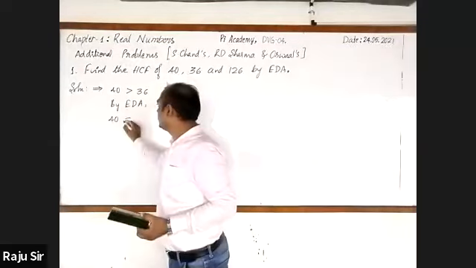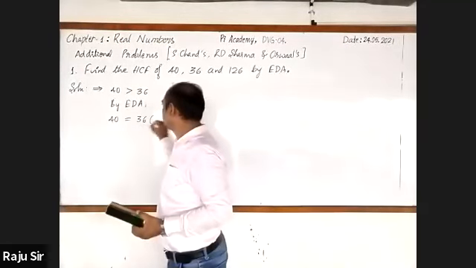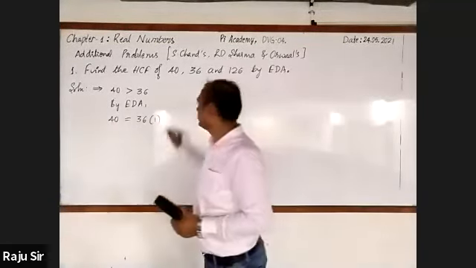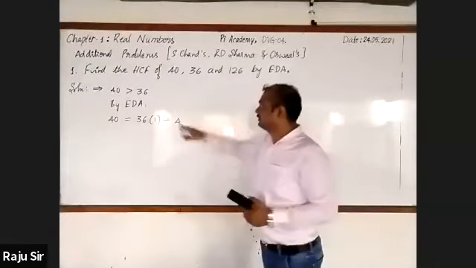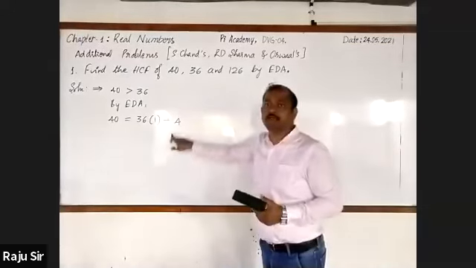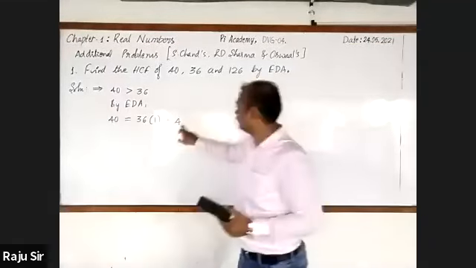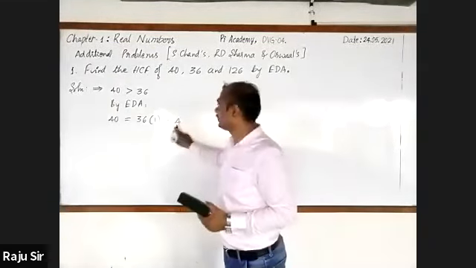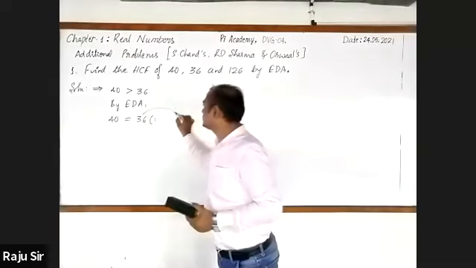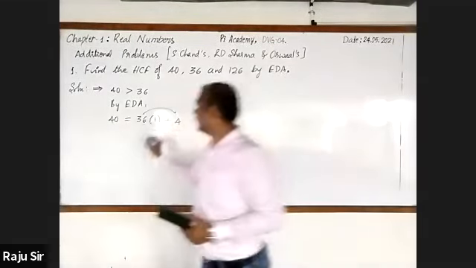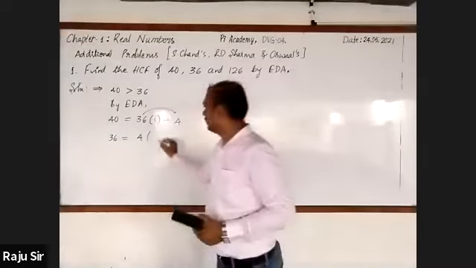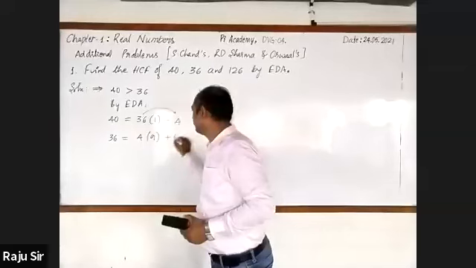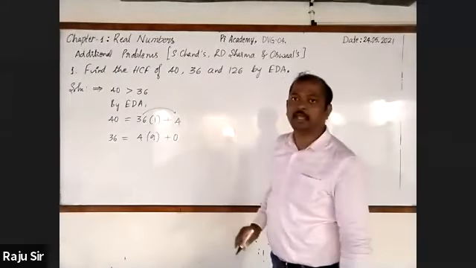It can be written as 40 is equal to 36 ones are 36 plus 4 as the remainder. This process should be continued till we get the remainder as 0. Here the remainder is 4 and 36 is greater than 4. Start dividing 36 by 4. 4 9s are 36. Now we got remainder 0.